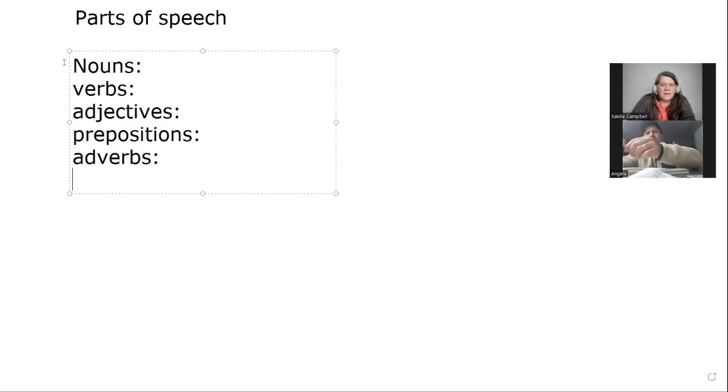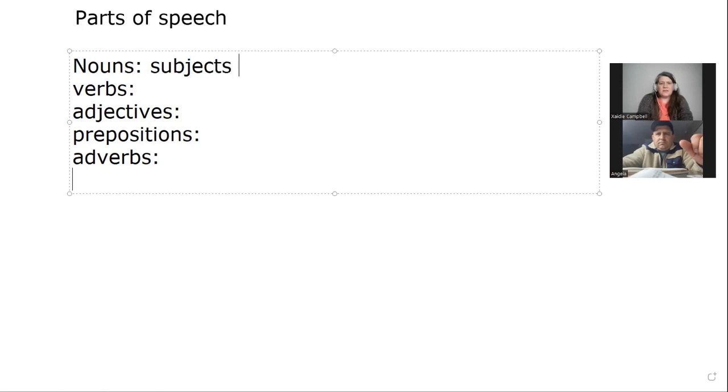That's mostly what we have. There are a couple more, but let's just focus on these, okay? In a sentence, nouns will be the subjects and objects in a sentence, okay?